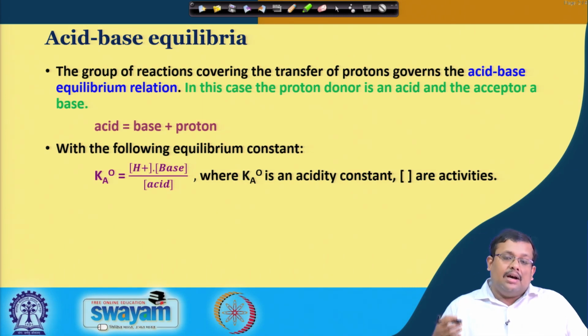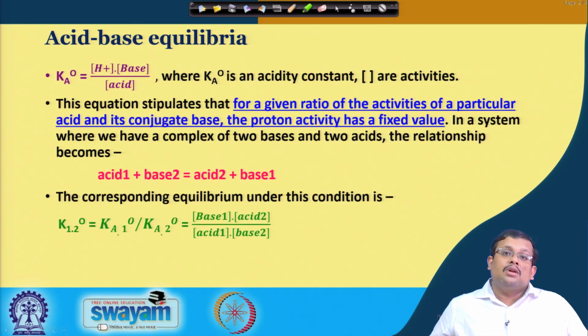We have seen the relevant reaction for one acid and one base, and then the more complex case of two bases and two acids, and how the corresponding equilibrium condition changes for these complex reactions.